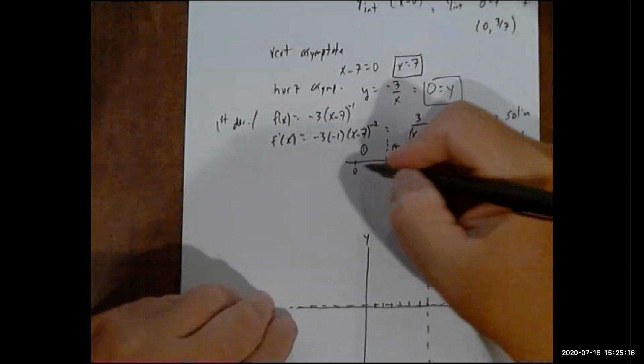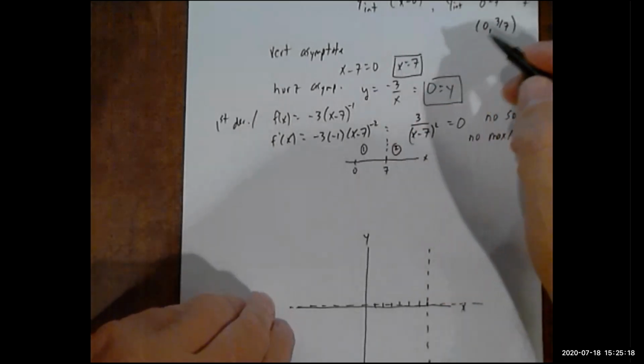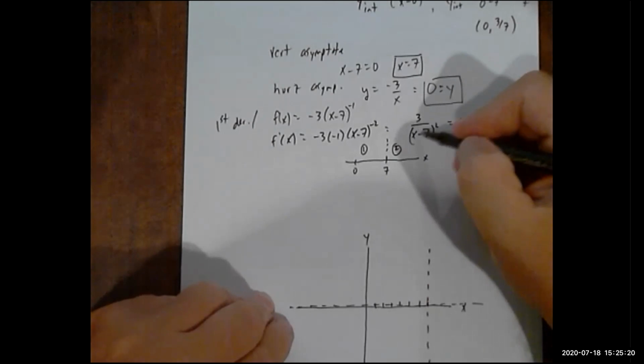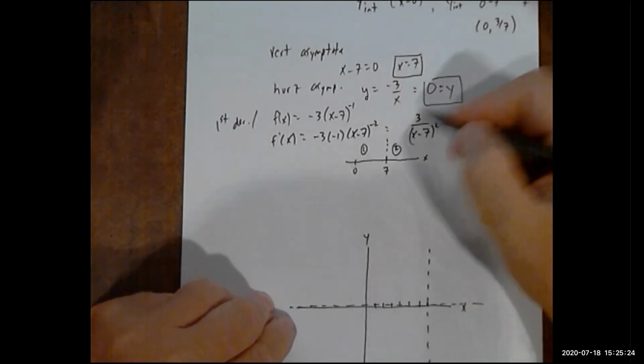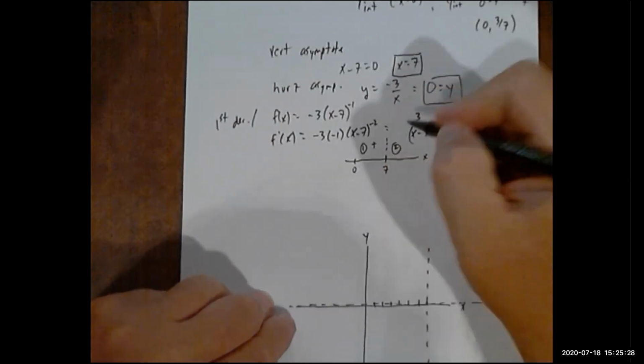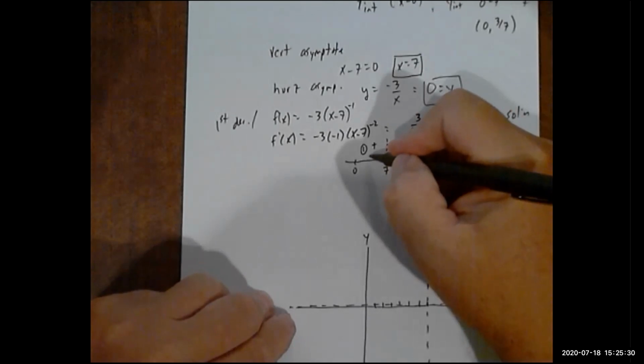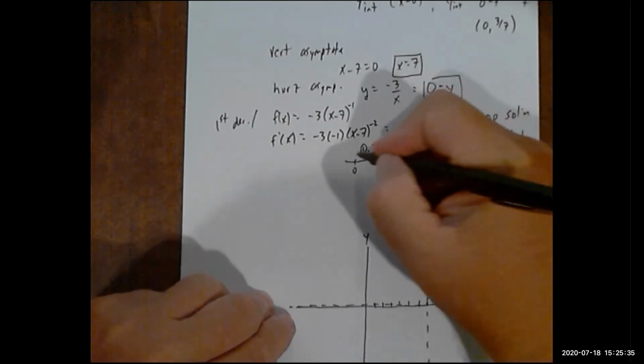Let's plug in 0 into my first derivative, which is right here. If I plug in 0, I see that this ends up being a positive number. So actually, this is an increasing region.